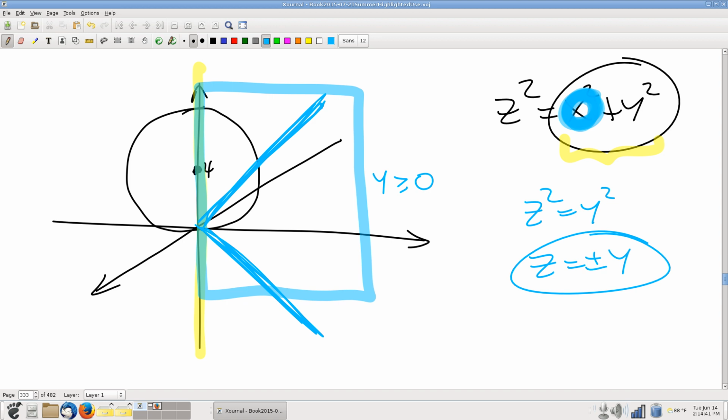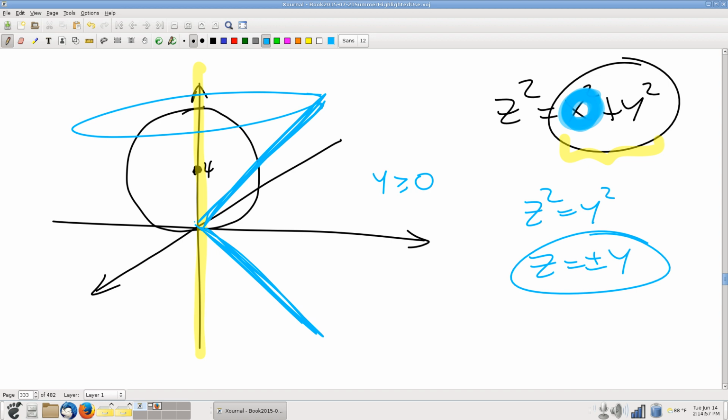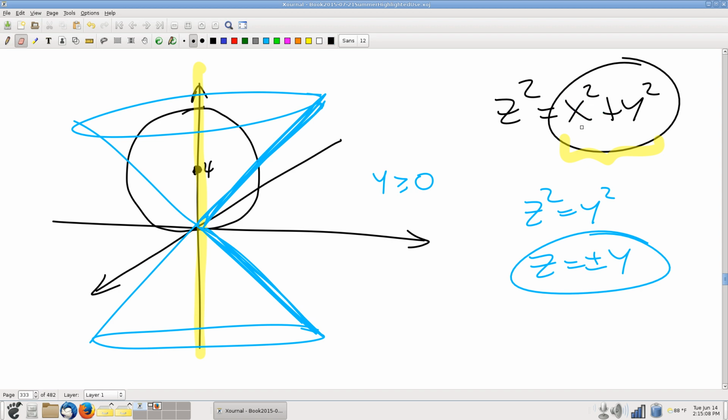And I'm interested in what happens then when I rotate that around the z-axis, and so I get a couple of cones, right? Cones with vertices meeting at the origin. All right. So let's take a whack at drawing that then. Kind of like that. Okay. Good. Everybody happy?